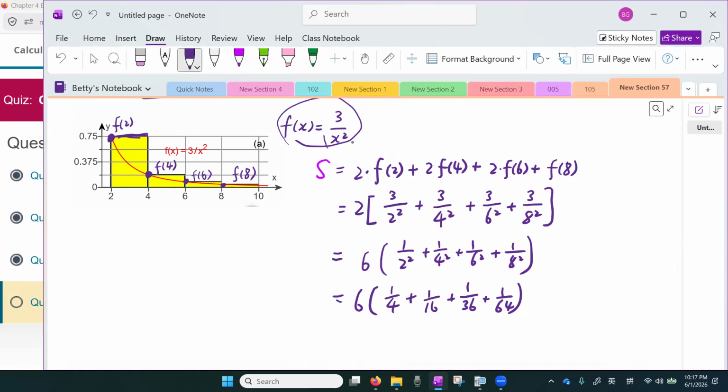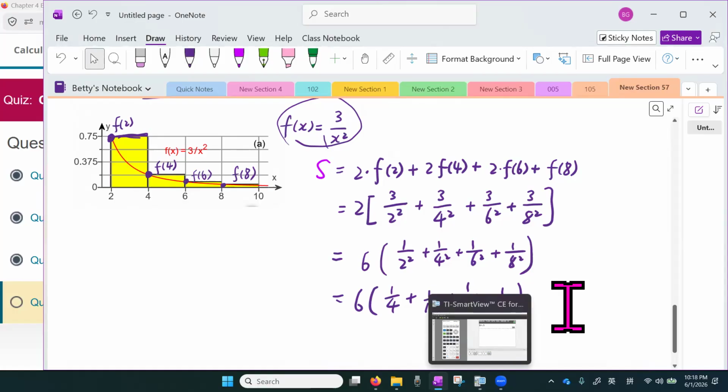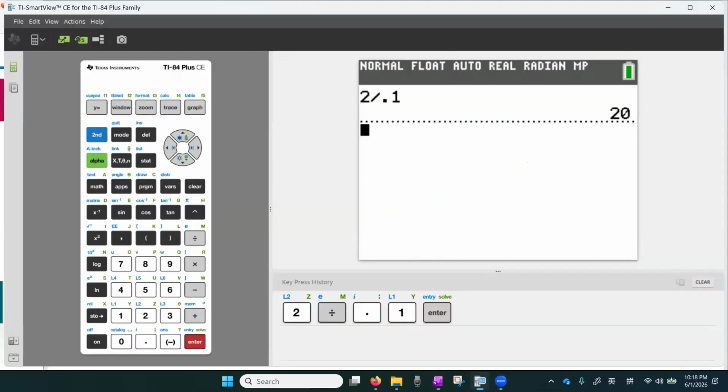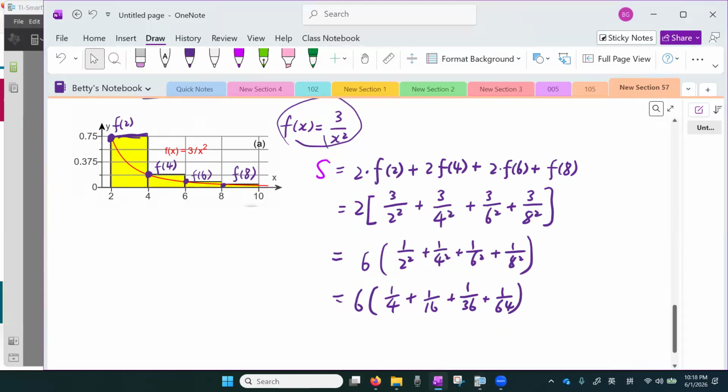I know you don't like fractions, so we're going to use calculator. Okay, I'm going to show you how to do that. We're going to add those fractions together, and then we multiply 6, all right, because of commutative property.